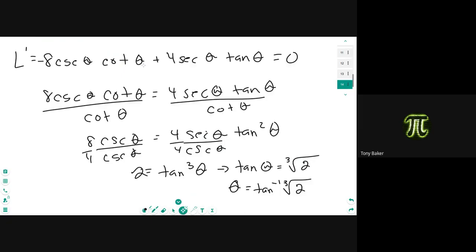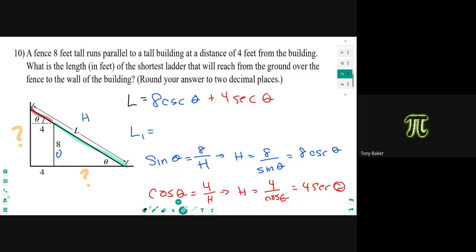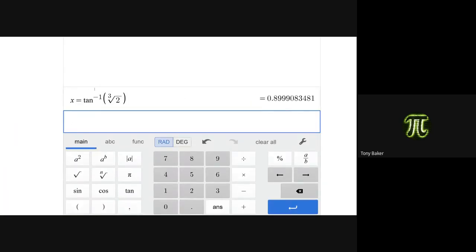So now they wanted what? They wanted the length of the ladder. So I now have to put the theta into here. This is another great use case for Desmos. So X is that.